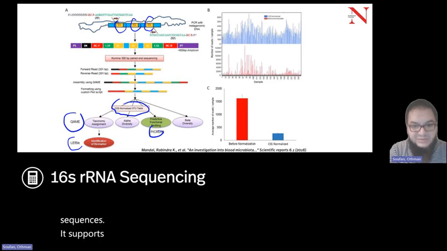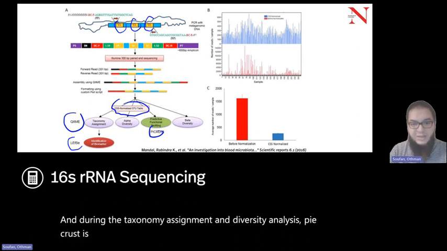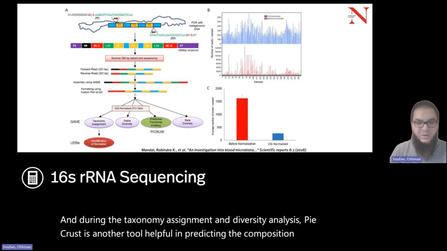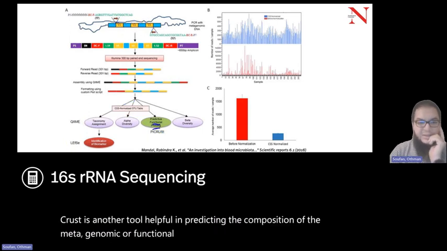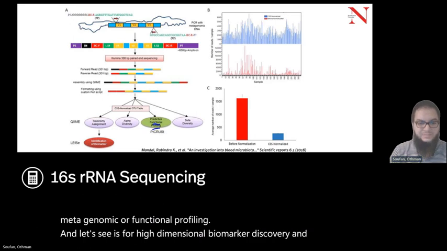It supports many steps, and eventually it helps us in doing the taxonomy assignment and the diversity analysis. PICRUSt is another tool helpful in predicting the composition of the metagenome or functional profiling. And LEfSe is for high-dimensional biomarker discovery and explanation.